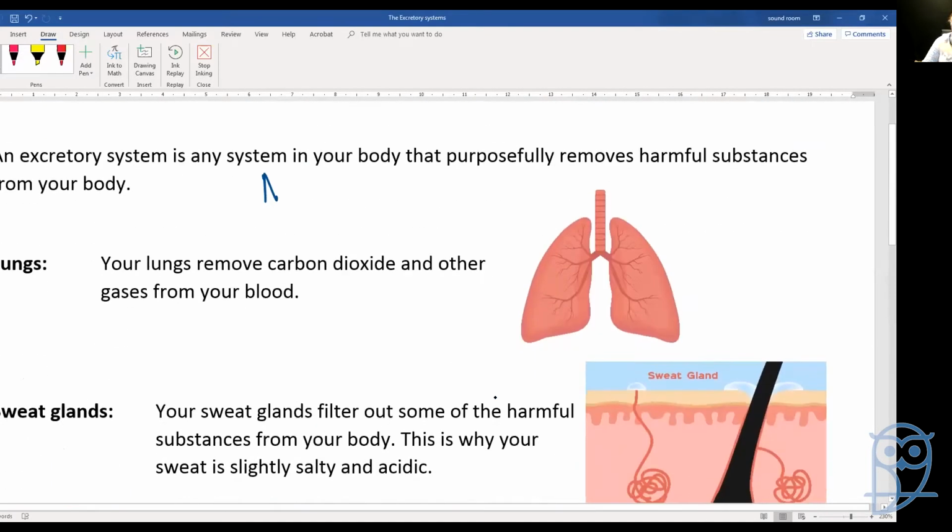So I want to get back to the different excretory systems in your body. All of these excretory systems help you to get different kinds of chemicals and things out of your body. So your lungs can help you get any kind of gases out of your body. And this is often a reason why your breath smells bad.